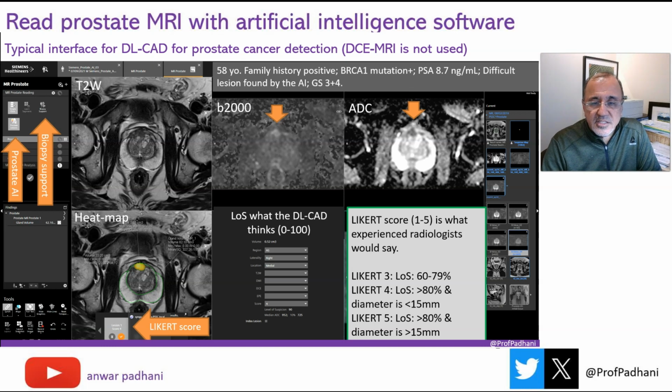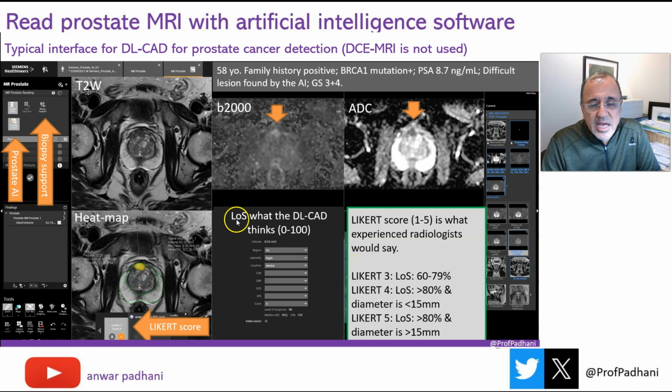Same patient, different software. In this particular instance, you can see this lesion here anteriorly in the peripheral zone. May be difficult to see to an untrained eye. The AI clearly points this out, but the AI only points this out once this button here is pressed. And if I want to then send this onto a biopsy, you can see I have to press this button.